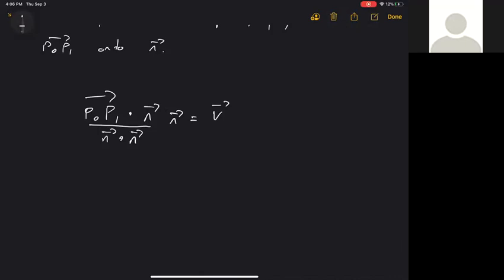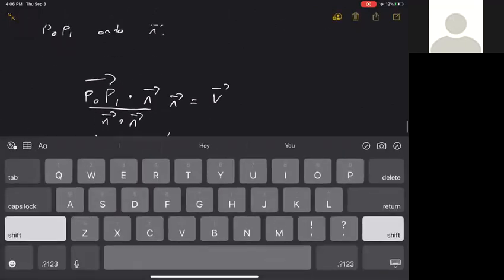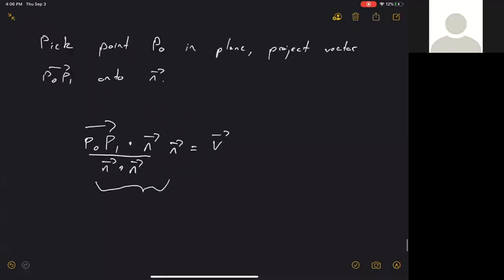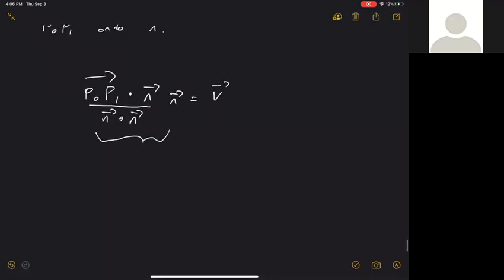So basically this is giving me my vector v, and I need to find the length of v. Now there's a shortcut that the book gives us. I have P0 P1 vector dot n vector over n dot n times the vector n, and I'm looking for this length.